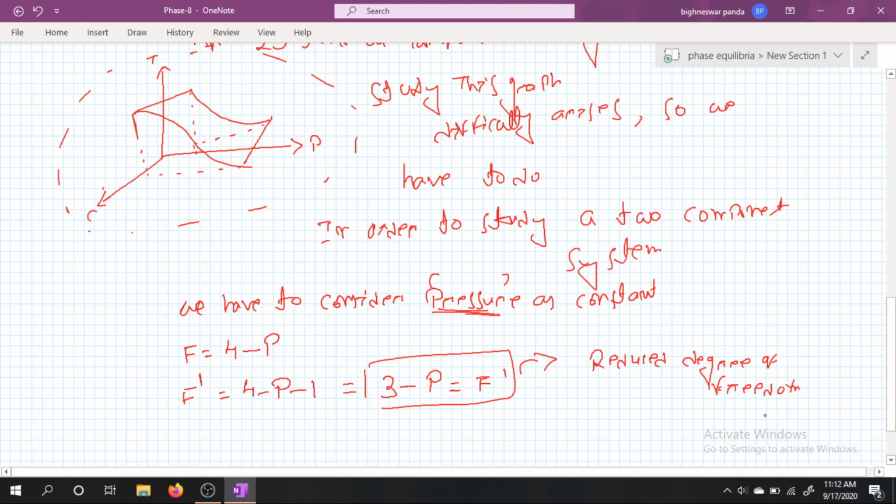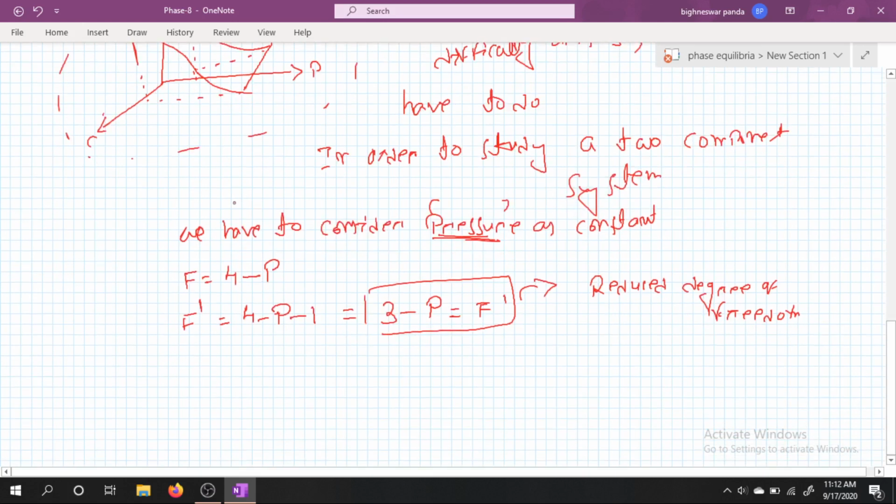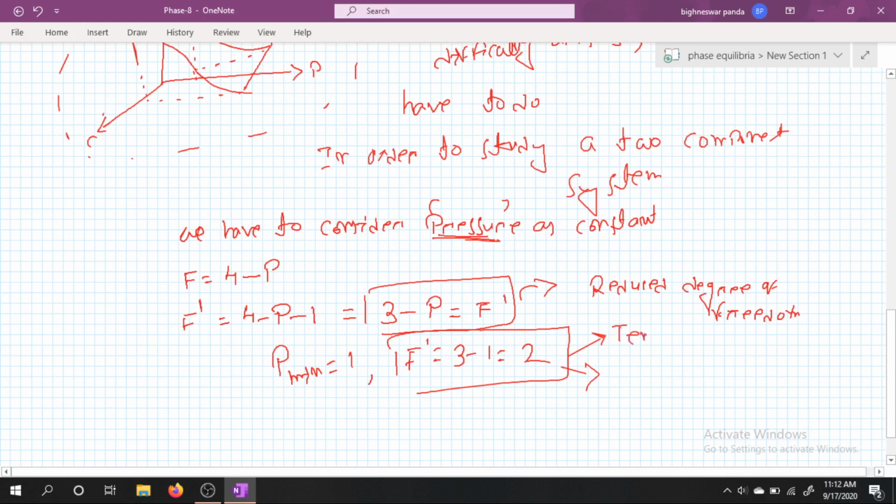By keeping pressure constant, our new reduced degree of freedom is F' = 3 - P. When there is minimum phase, P minimum is equal to 1, so F' = 3 - 1 = 2. So we require two variables, that is temperature and concentration.